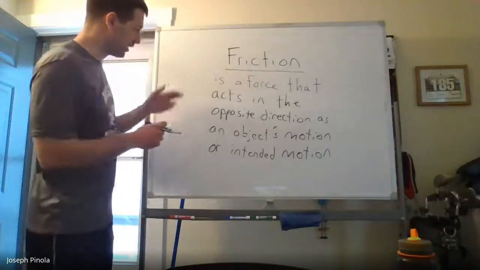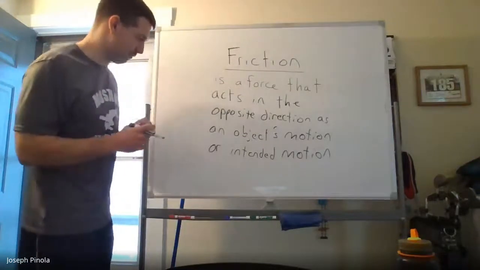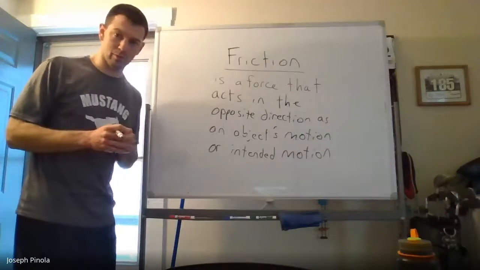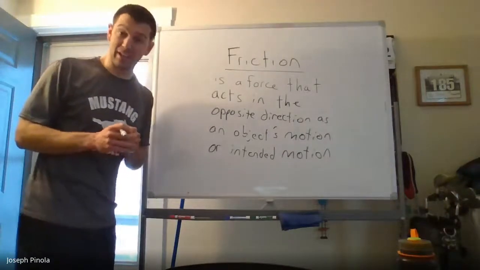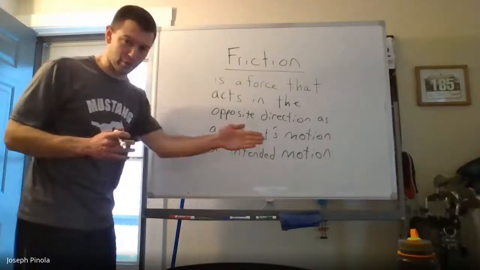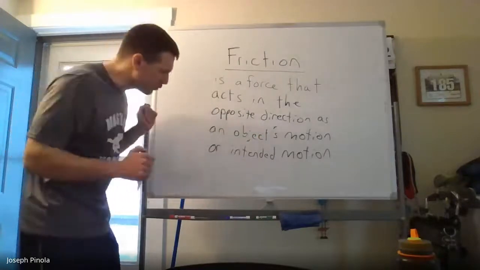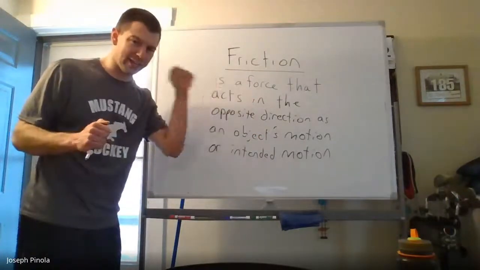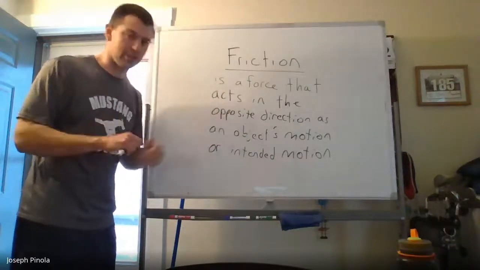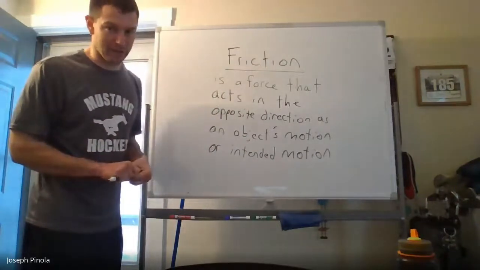Friction is a force that acts in the opposite direction as an object's motion or intended motion. In other words, if you're moving one way, friction is working against you. Or if you're just trying to move one way and can't, friction is the force that is holding you back.